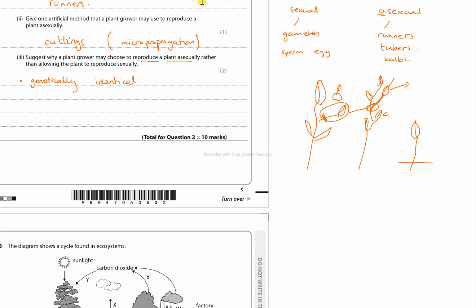It's faster to reproduce. They may be rare, so this might be the only way to produce them.